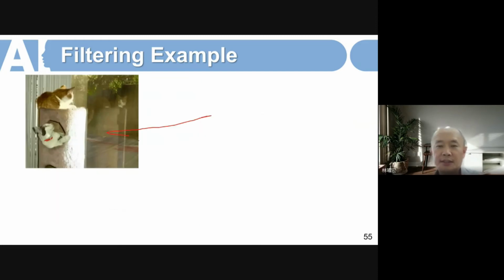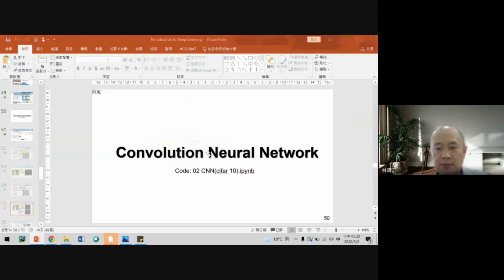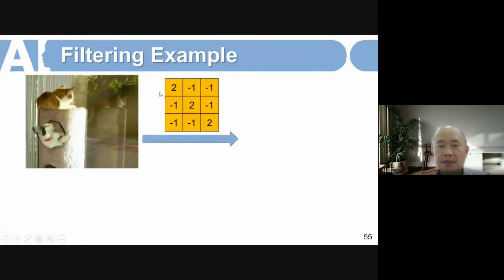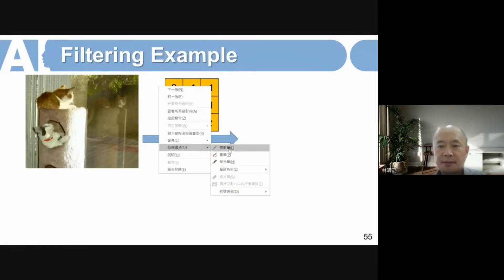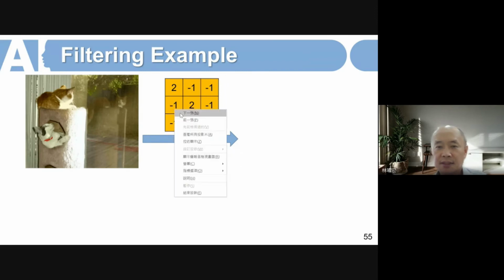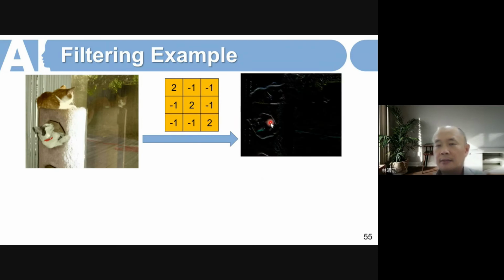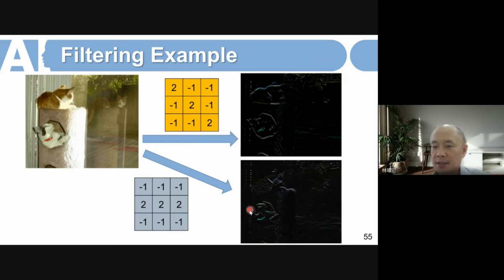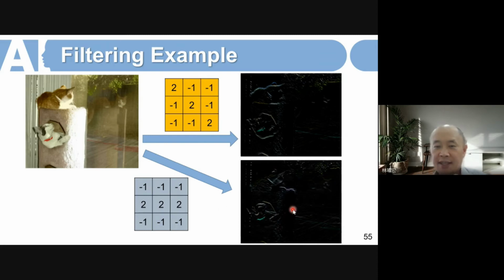I'll show you another example. In case we use this filter, the diagonal edge will be enhanced. In case we change it to this filter, then the horizontal edge will be enhanced.